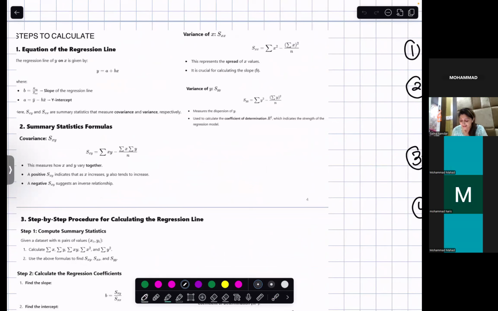So when you're doing the least square regression line, I will already have the equation of the regression line, that is y is equal to a plus bx. Are you with me? Y is equal to a plus bx will be given to us. Now I want to minimize the square distance.